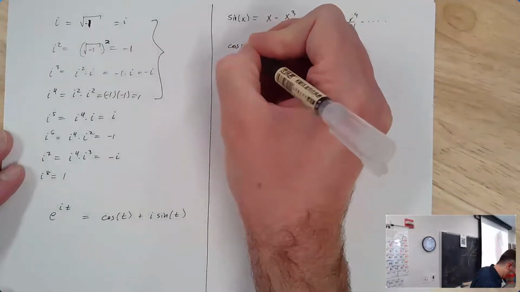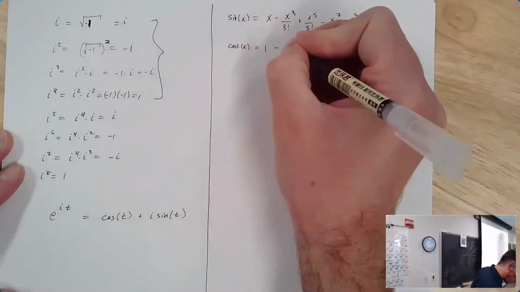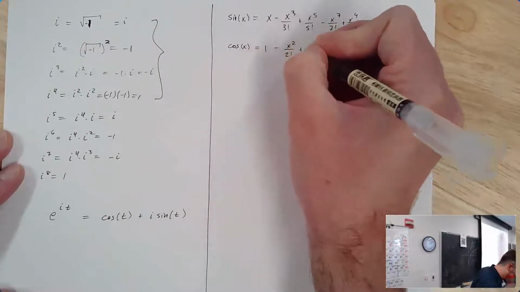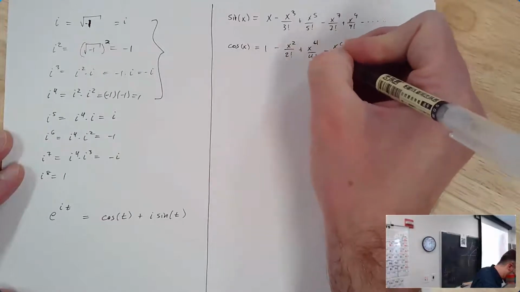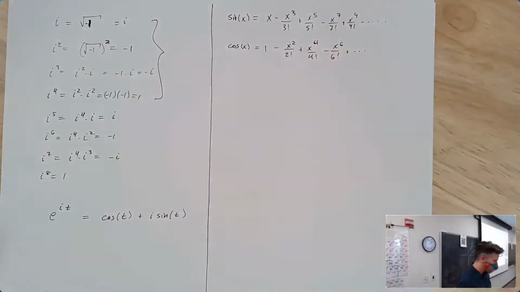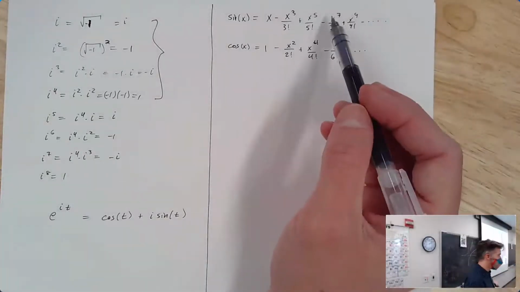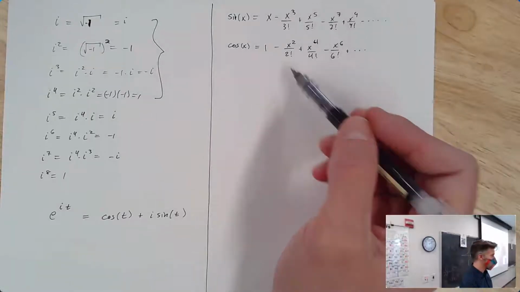Cosine of x is 1 minus x squared over 2 factorial plus x to the 4th over 4 factorial minus x to the 6th over 6 factorial, and so on. One way I remember these is that sine is an odd function and all the powers of x are odd. Cosine is an even function and all the powers of x are even.